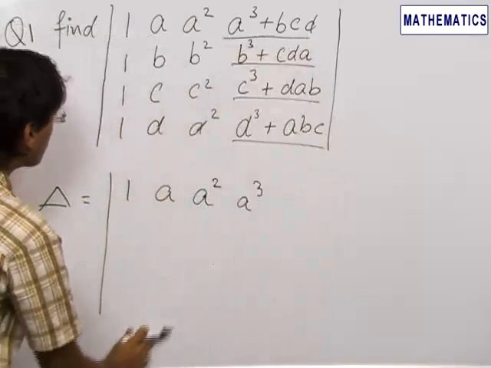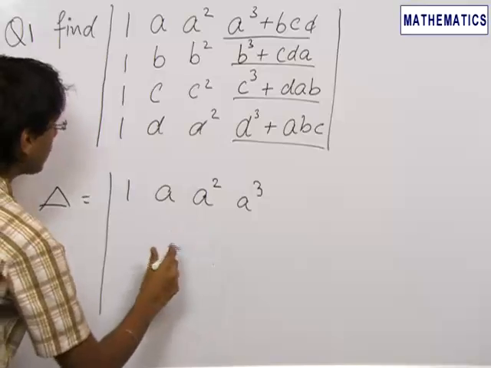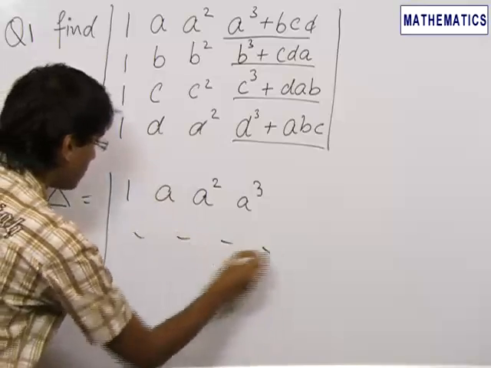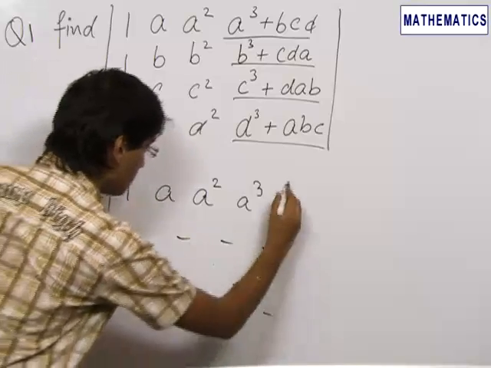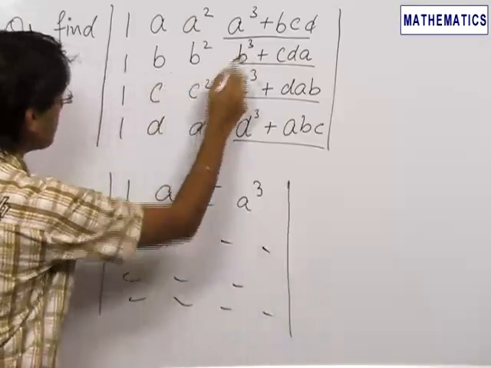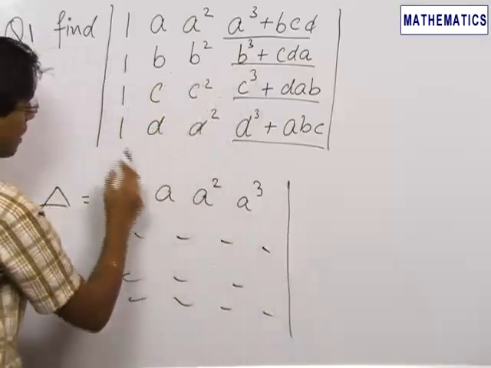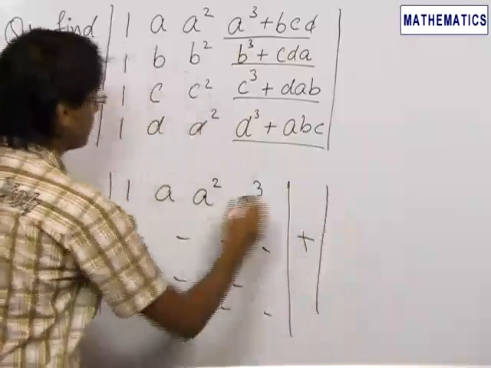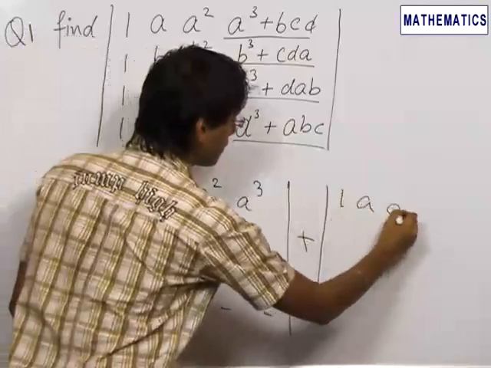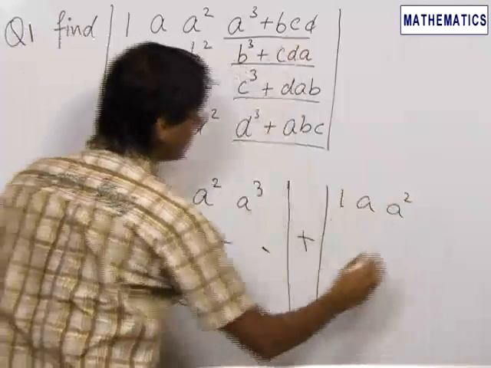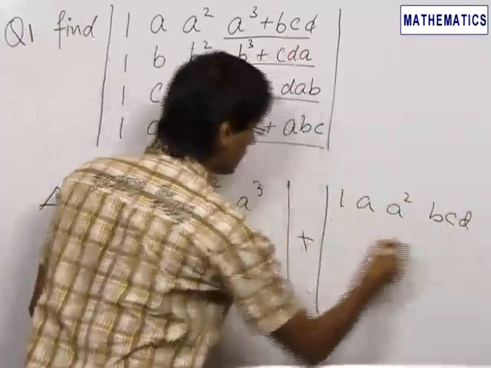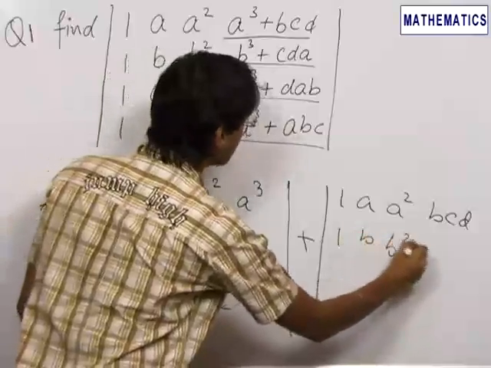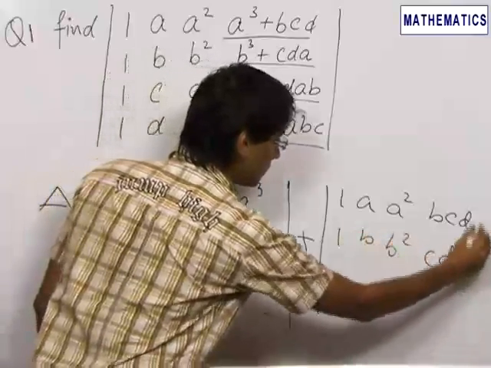So we can split the given determinant as 1, a square, a cube, and similarly the other terms, which are 1, b square, b cube, 1, c square, c cube, and 1, d square, d cube, plus 1, a square and the second term, similarly 1, b square, the second term, and so on.